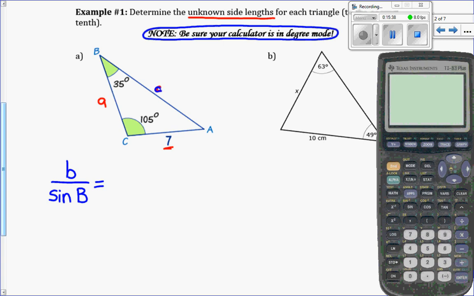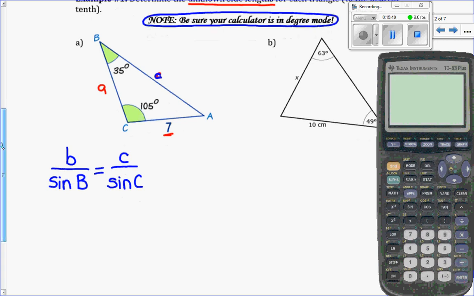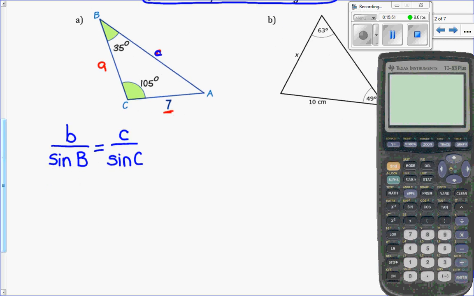We want to figure out C. So this is side C divided by the sine of angle C. Okay, so you can see how we're not even going to use A divided by sine A, because the information that we're given lends itself to using B and C.